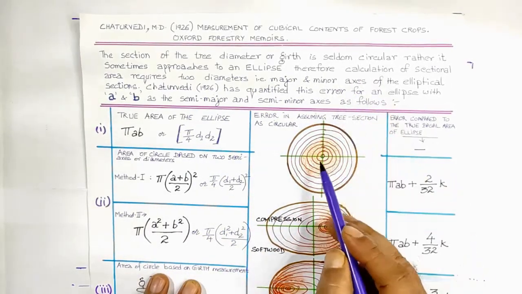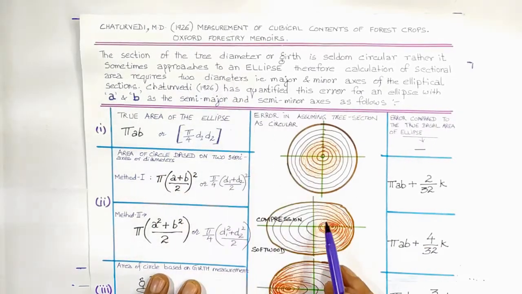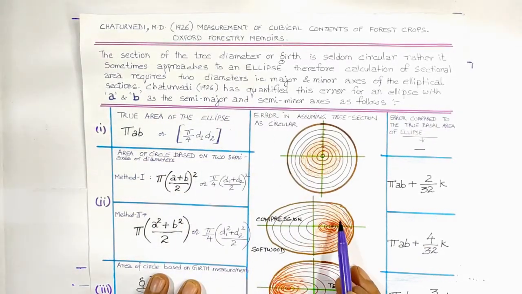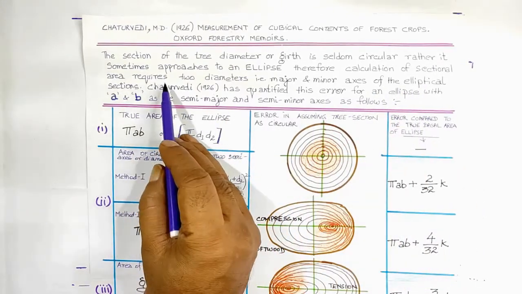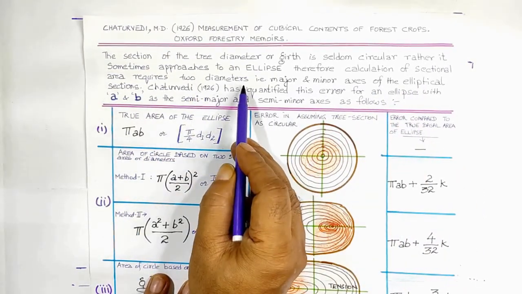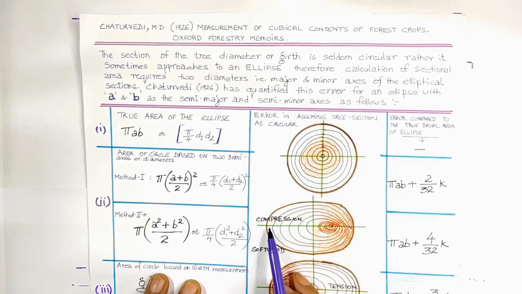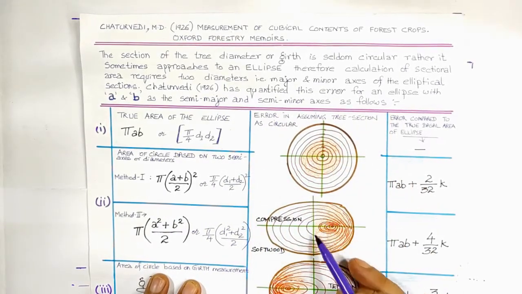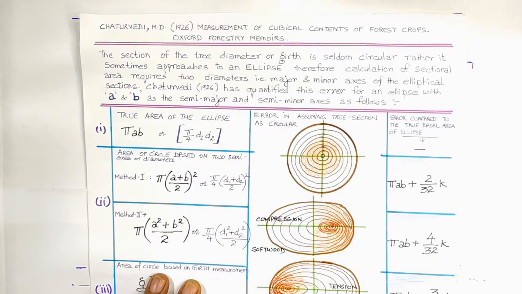Rather, it sometimes approaches an ellipse. Therefore, calculation of a sectional area requires two diameters, one major and one minor axis. This is the major axis, this is the minor axis of an elliptical section.